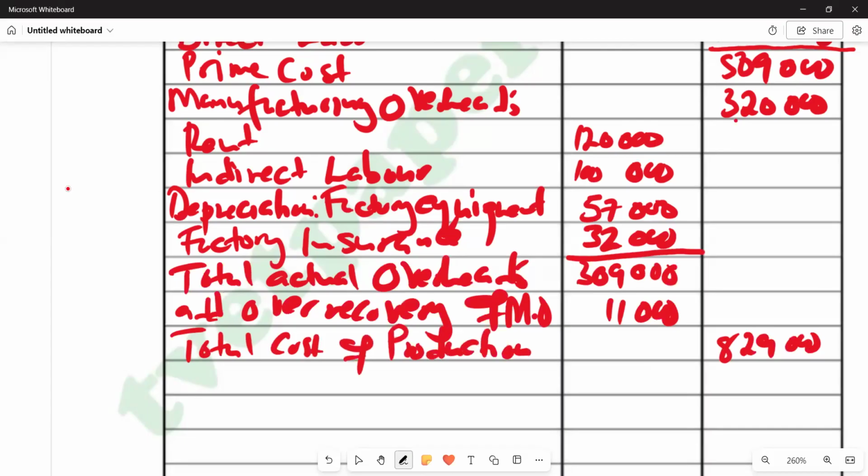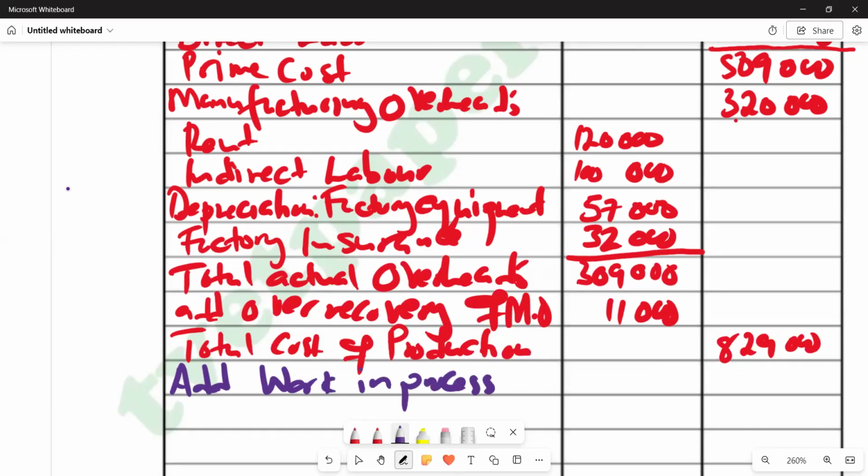And then we add work in process at the beginning. We now add work in process at the beginning. You'll only be able to find this figure in the question. So we go there.